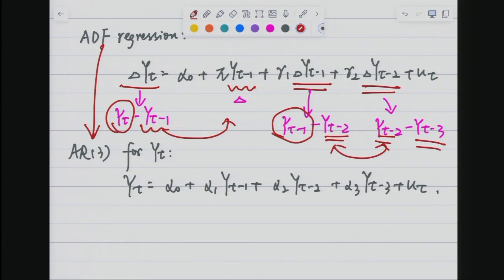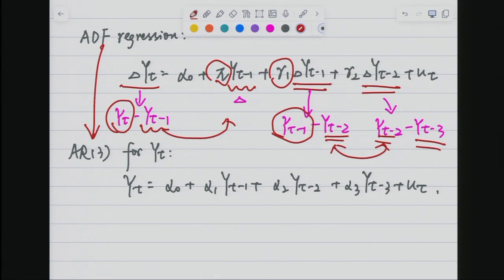So essentially, these two are the same equation, just in different forms. The pi and the gammas are functions of the alphas. So keep in mind that the ADF regression is for testing a unit root in the level yt. It's not for testing a unit root in the delta yt.